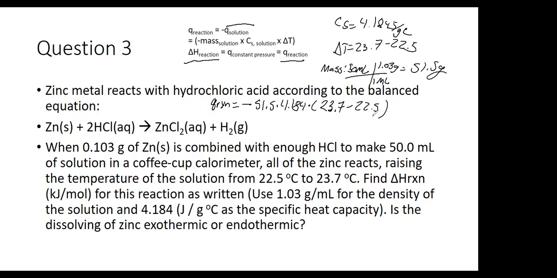And so my change in reaction was negative 258.6 joules or negative 0.2586 kilojoules. Because that's what I ultimately want. I want kilojoules per mole. So that's how much kilojoule was released, how much energy.